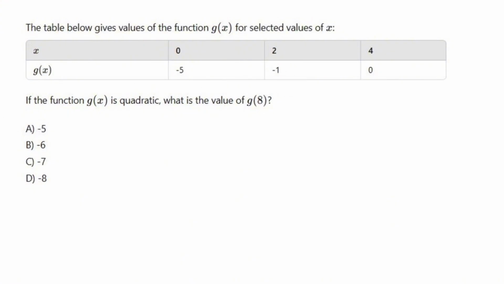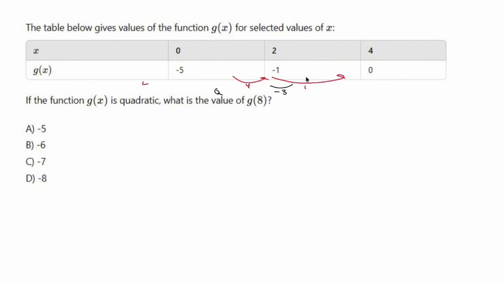I put my arrow backwards. Let's try that again. If it was linear, we would test this average rate of change by doing this right here. To get from -5 to -1, you add 4. And to get from -1 to 0, you add 1. Which means for the quadratic, the average rate of change is going to change by subtracting 3 every time.